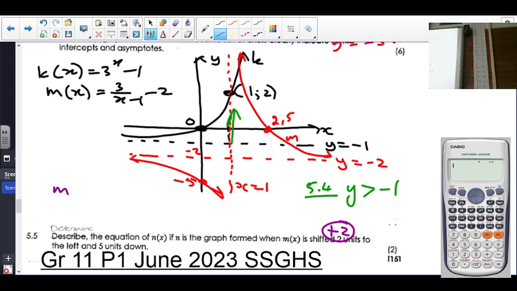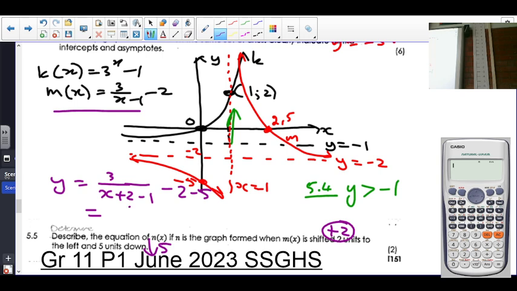Because M of x is defined as that thing, it simply becomes y is equal to 3 over x plus 2 minus 1. And remember, it's the additive inverse. And 5 units down, so you're shifting 5 units down, so it's -5. So it's minus 2 minus 5. So this equation is going to be y is equal to 3 over x plus 1 minus 7.